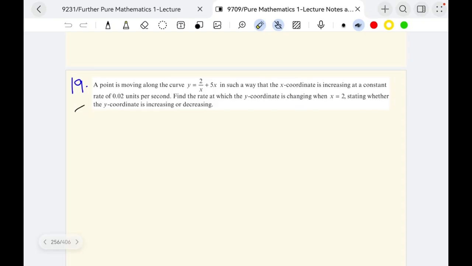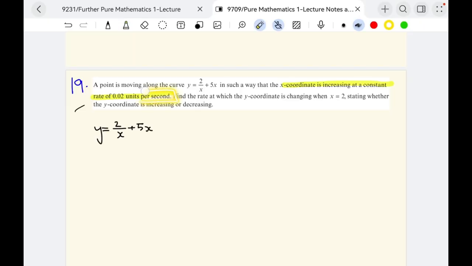So this question is about the rate change. A point is moving along the curve y equals 2 over x plus 5x in such a way that the x coordinate is increasing at a constant rate of 0.02. Highlight this statement: x coordinate is increasing at 0.02 units per second.